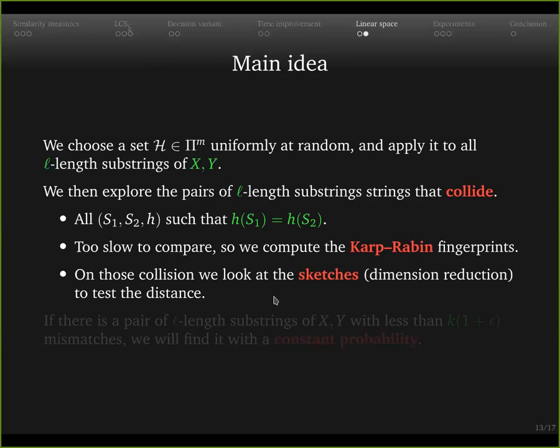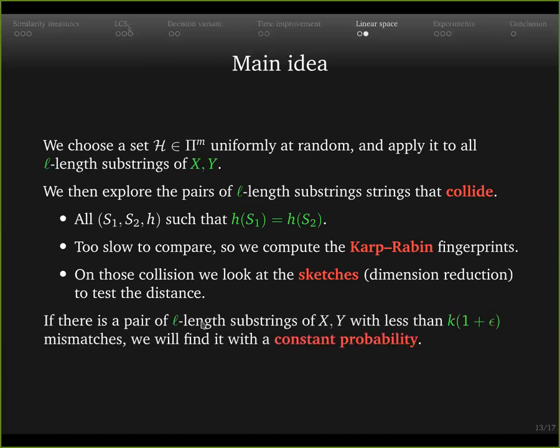On those collisions, we then look at sketches obtained by dimension reduction to test the distance between the substrings. The bottom line is that if there is a pair of L-length substrings of X and Y with less than k(1 plus epsilon) mismatches, we will find it with a constant probability, and we can always repeat the experiment to then apply the 20 questions again.